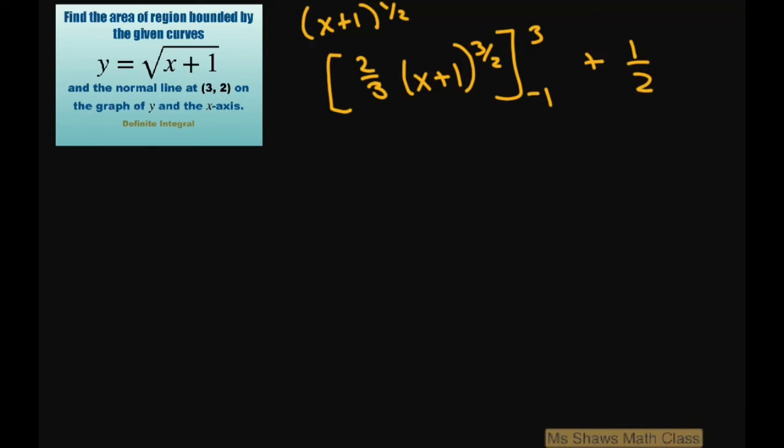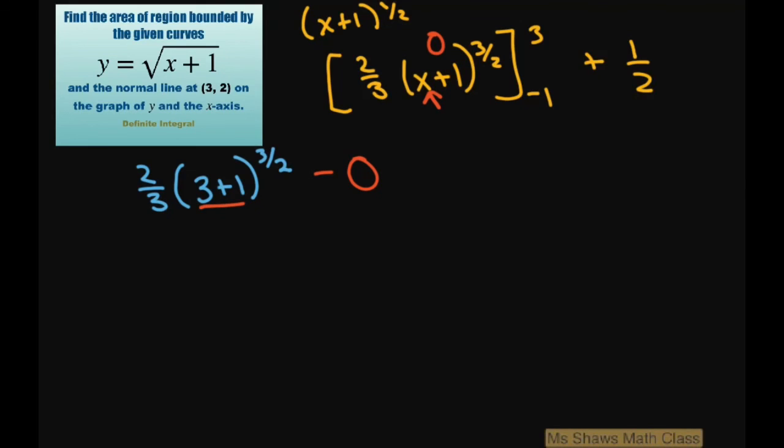So when you evaluate it, we're going to get 2 divided by 3 times 3 plus 1 to the power of 3/2. And then for the -1, when you substitute -1 in here, this is going to turn to 0. So you're just going to get minus 0.